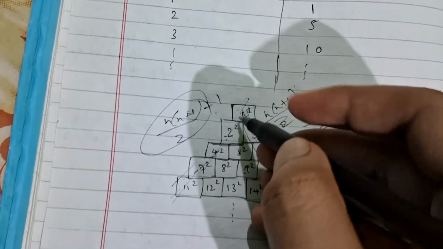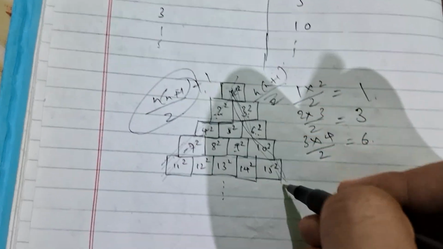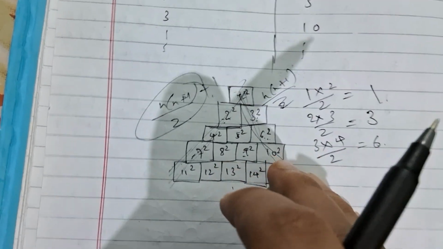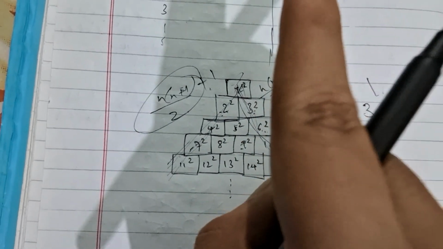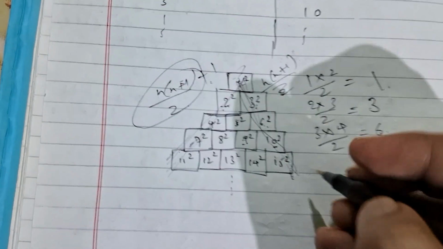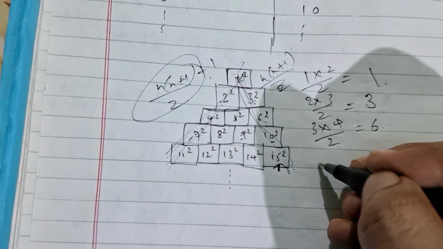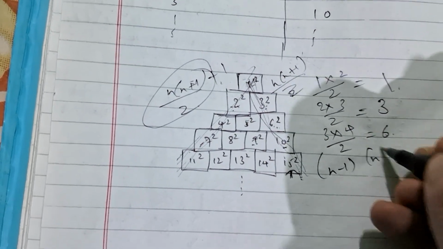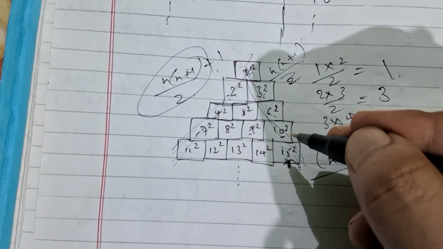So for all the elements which lie on these extremes, we have to consider that on top of it only one can falls, that is just the one above it. If this can falls, then the (n minus 1) into n by 2th can also falls.